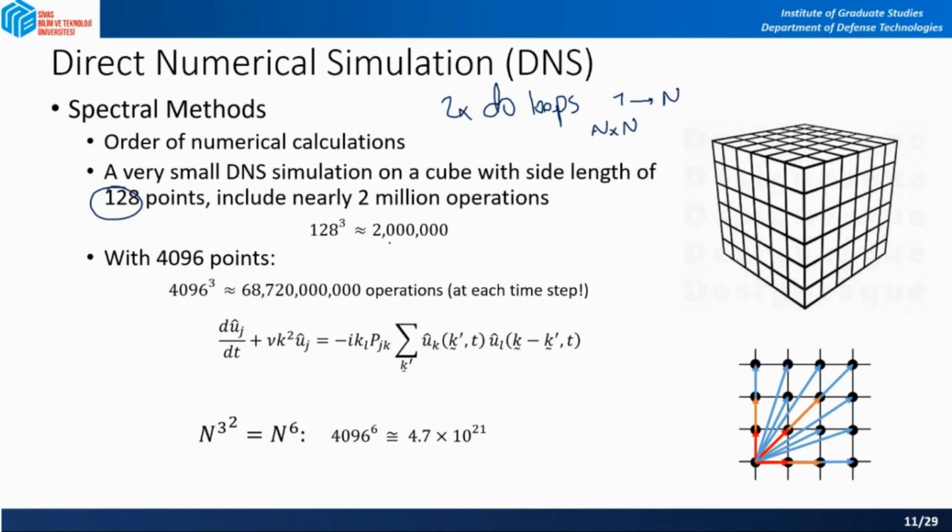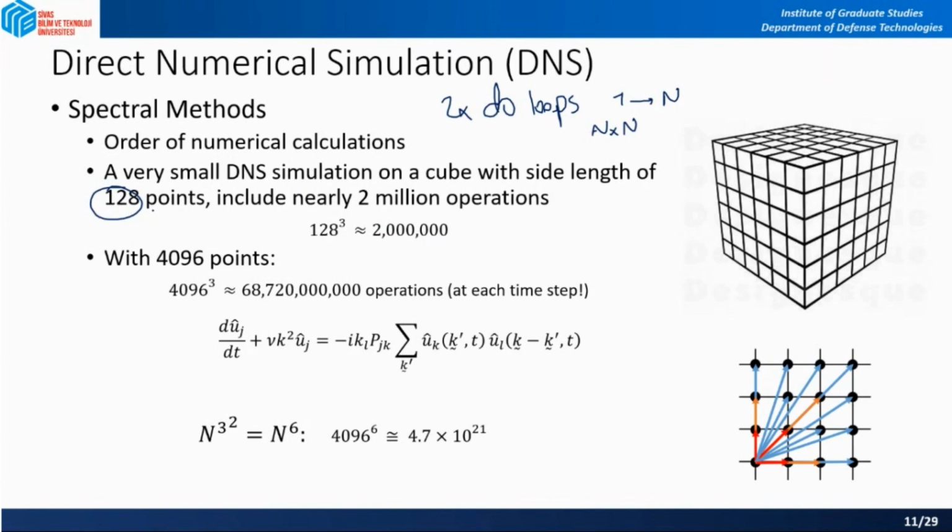This is 2 million operations. I said that n by n is n squared, so in 3D it is n cubed. So it is 2 million operations on just 128 points. If you want to resolve all the things inside, it could be a very, very small volume that you can actually resolve.